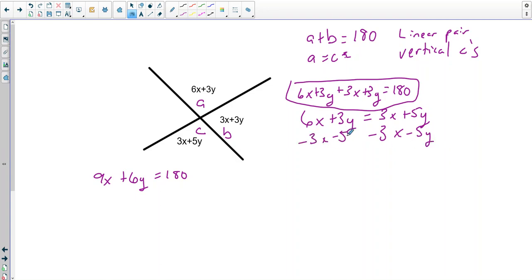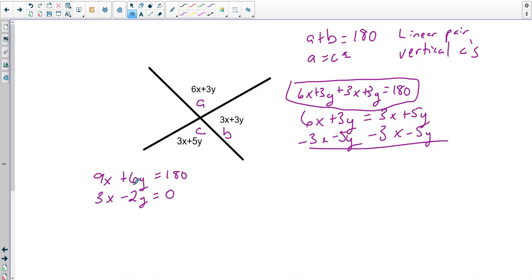That way I can have the equation in the same format. So I end up with 3x minus 2y is equal to nothing.